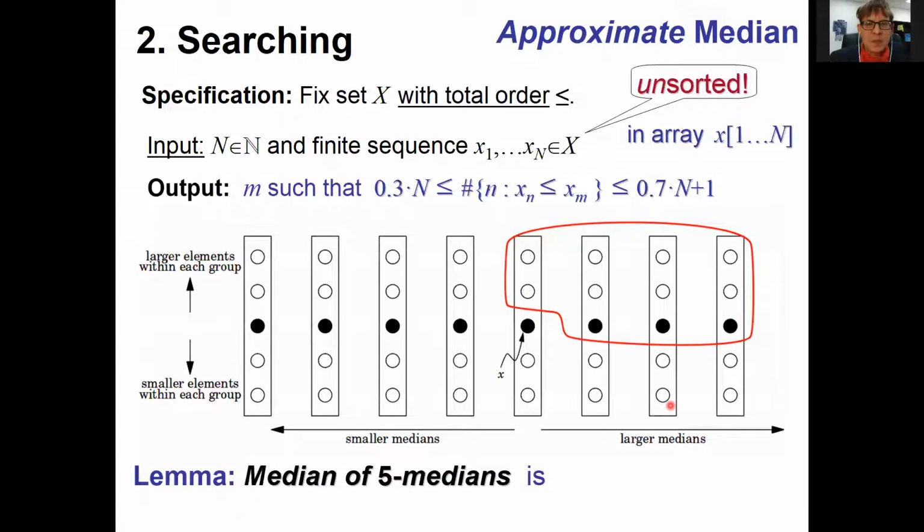So in this picture, we choose medians of 5 medians. Why not medians of 4, or medians of 3, or medians of 6, or medians of 7? Why this particular number of 5?